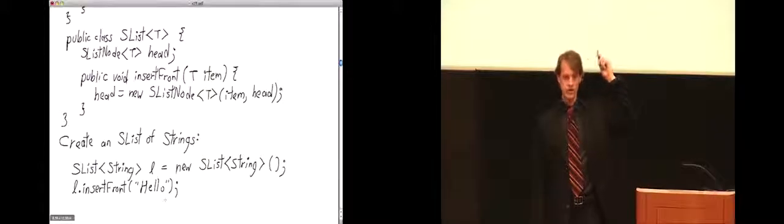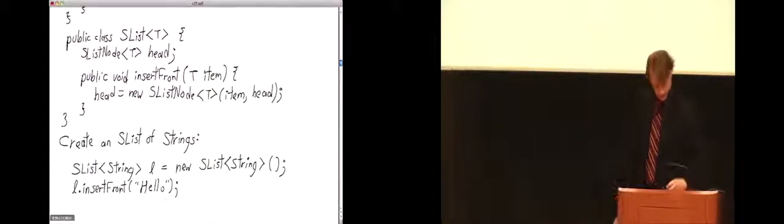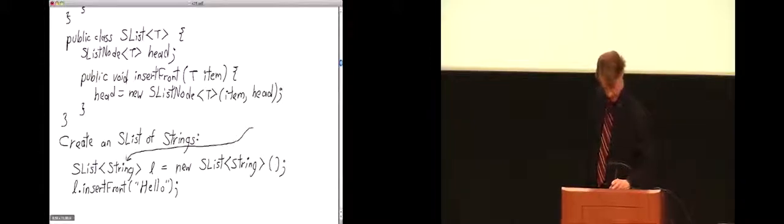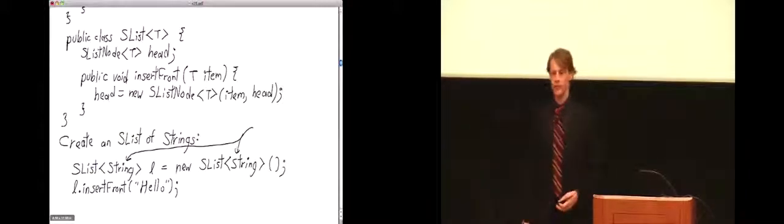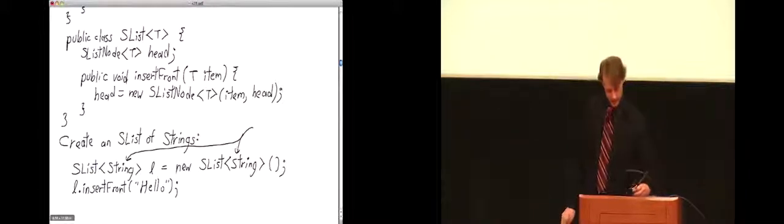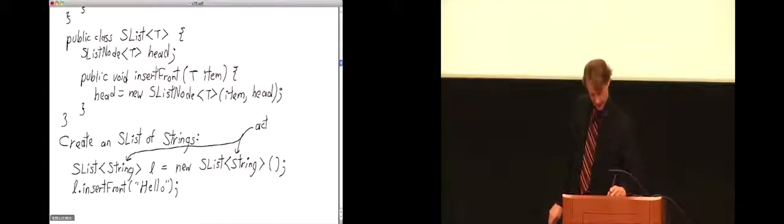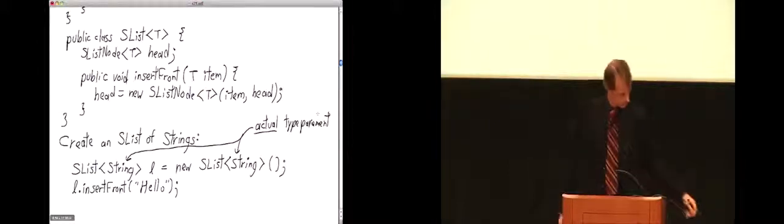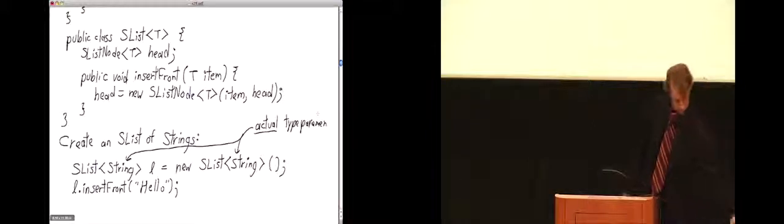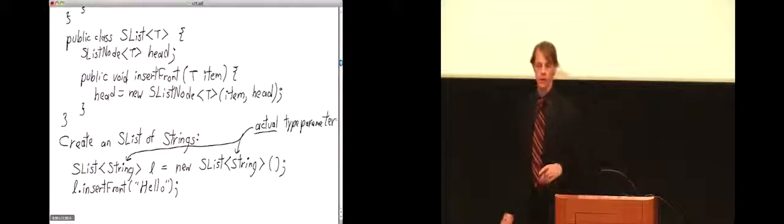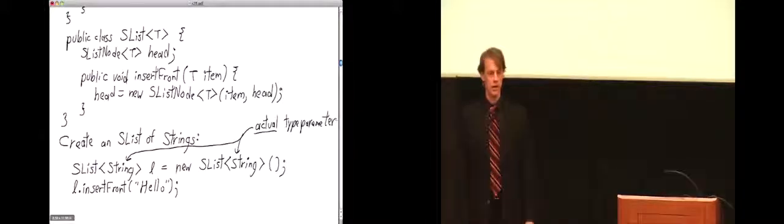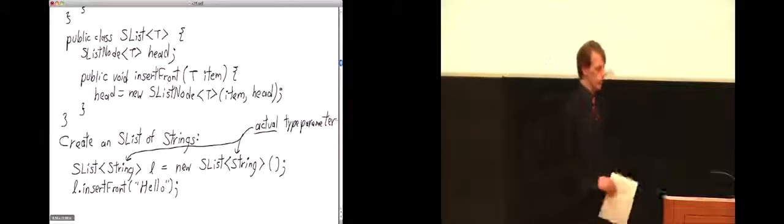Now, when I said string here, I am passing in an actual parameter to fill in for the formal parameter T in the S-list class. So that is the actual type parameter. I hope you all remember from 61A or whatever previous class you took the difference between actual parameters and formal parameters.